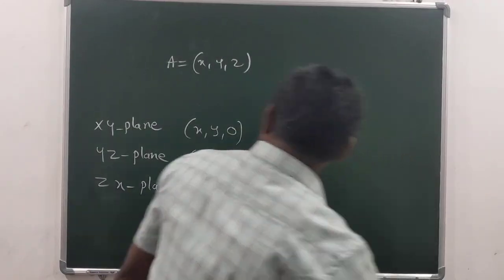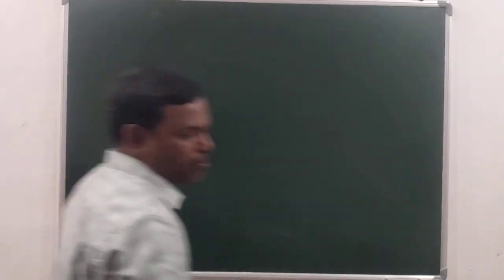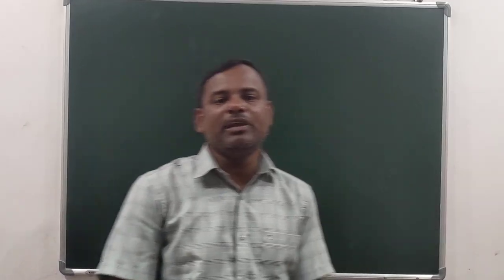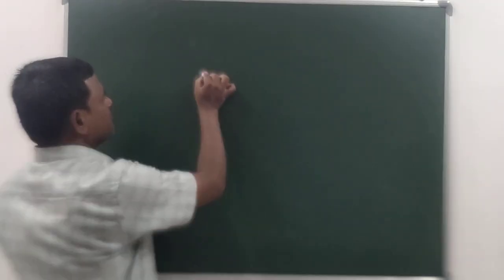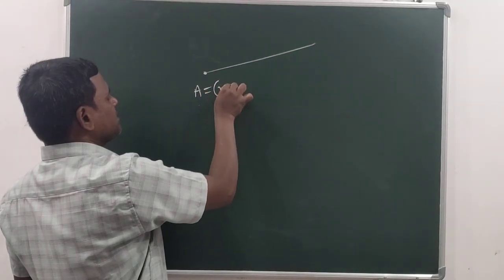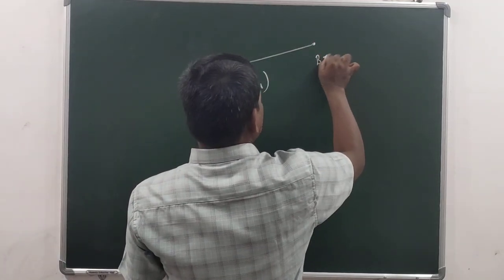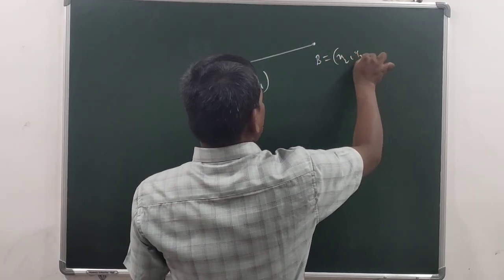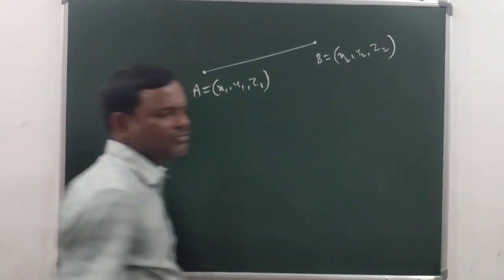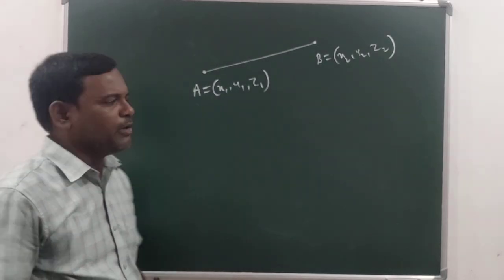So, now I am going to explain the projection of a line segment AB on xy plane. A has coordinates x1, y1, z1, and B has coordinates x2, y2, z2. Now I want the projection of AB on xy plane.